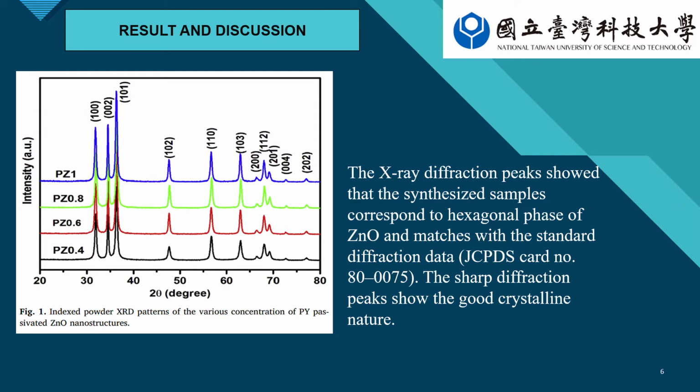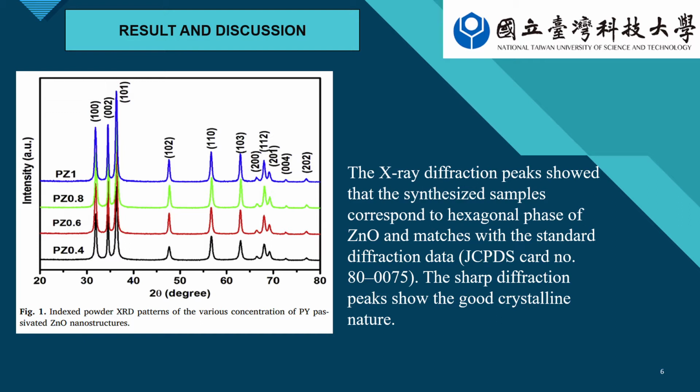In the discussion, the XRD patterns of the various concentrations of pyridine passivated zinc oxide nanostructures were recorded. All the diffraction peaks of the synthesized samples are similar, without any change in the relative intensities.